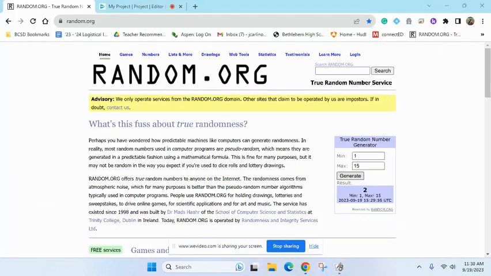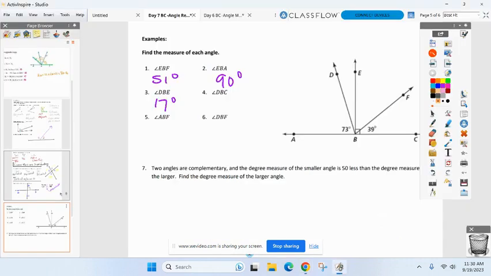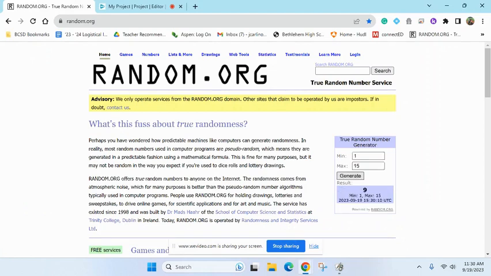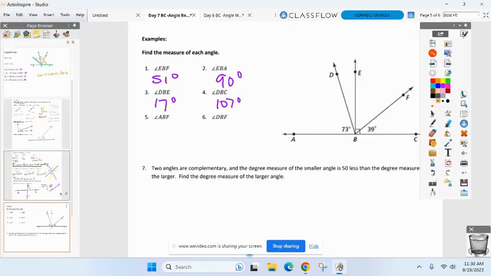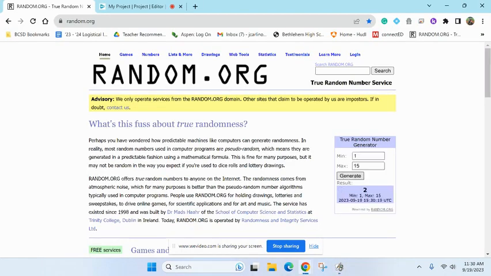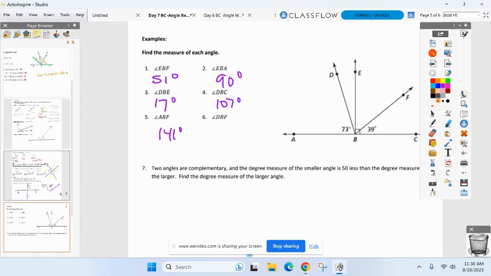Number 4, Olivia, 127. ABF, number 5. Ian, 141. Let's finish this strong now. Number 6, DBF. Zoe, back to you. 68. Good work.